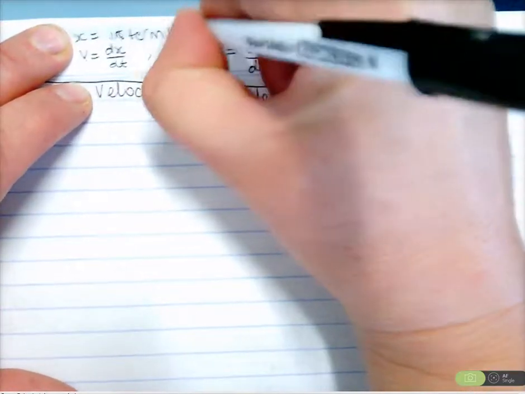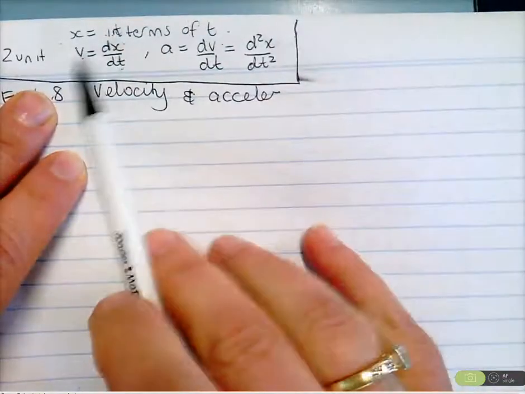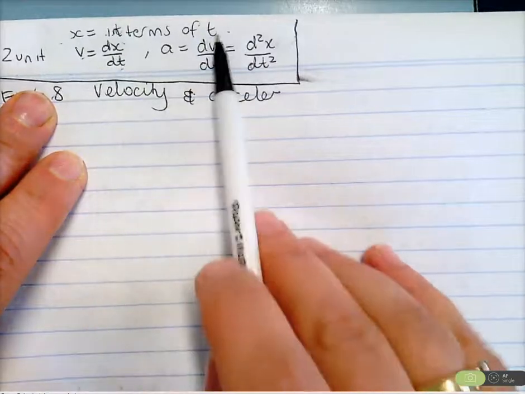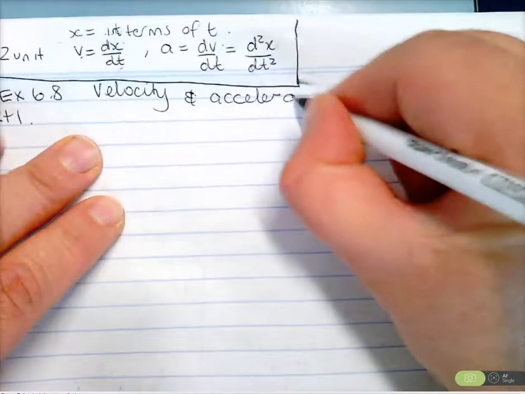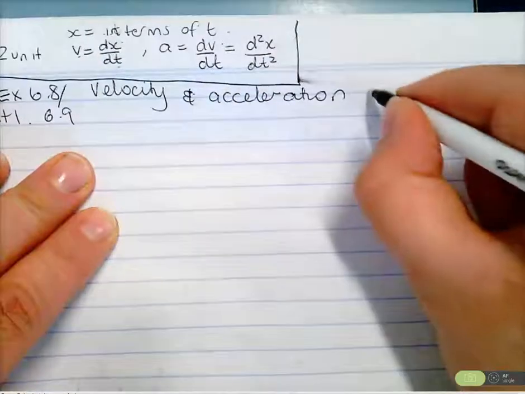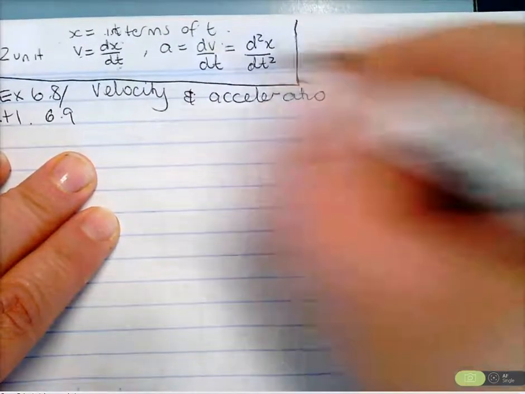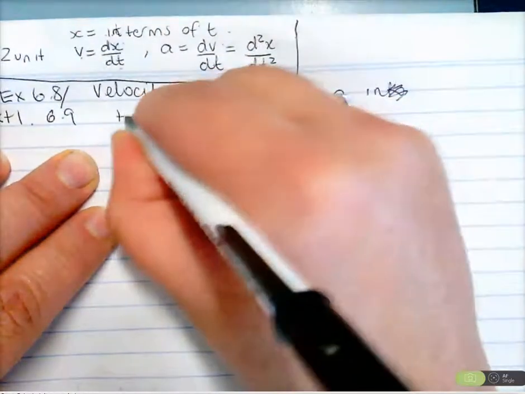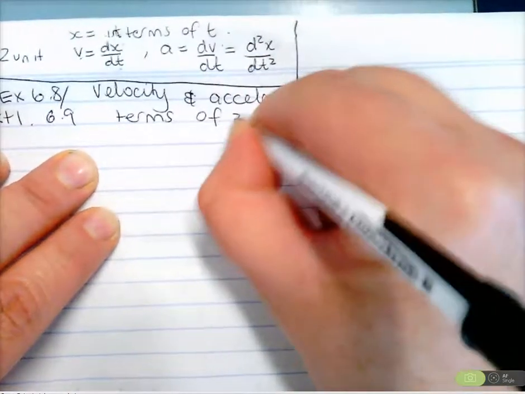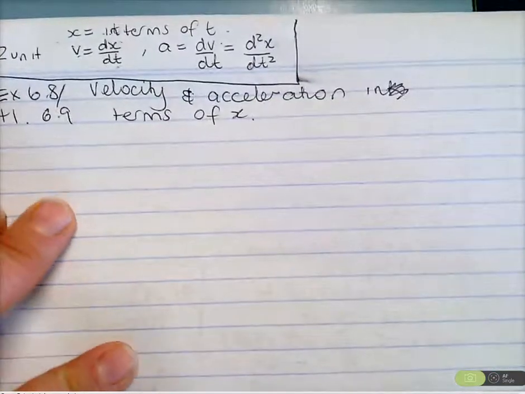So in 2 unit, x will be in terms of t, and we find v is dx/dt, a is dv/dt. But with extension 1, in exercises 6.8 and 6.9, we don't look at velocity and acceleration in terms of t. We look at velocity and acceleration in terms of x, not in terms of t.